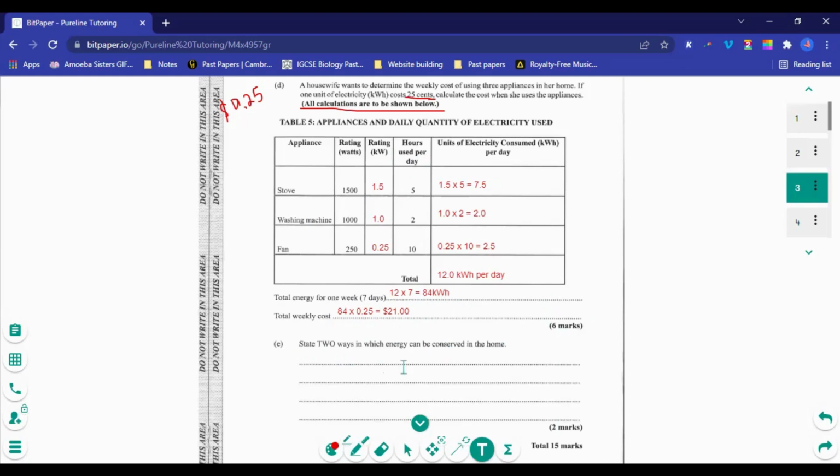And the last part: state 2 ways in which energy can be conserved in the home. So looking at this, we could figure out how energy can be saved. What can she do to reduce the amount of energy that she is using? Well, we can talk about the stove. The fact that the stove takes the most, 1.5, and she's cooking 5 hours for the day.